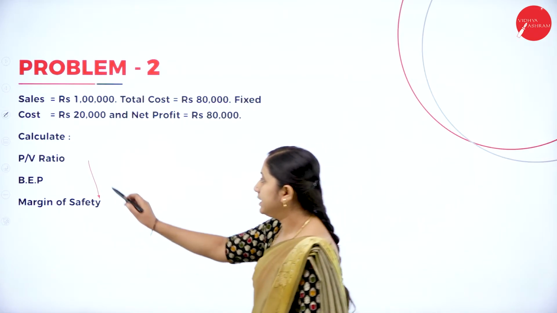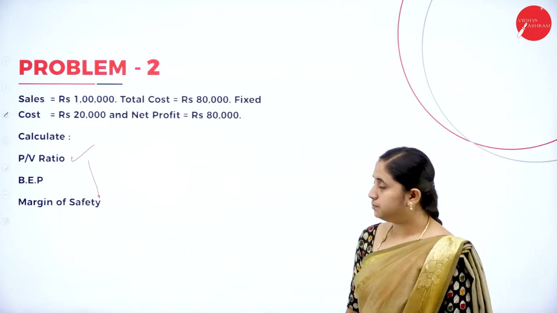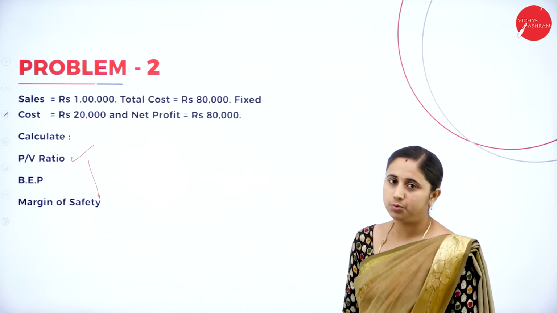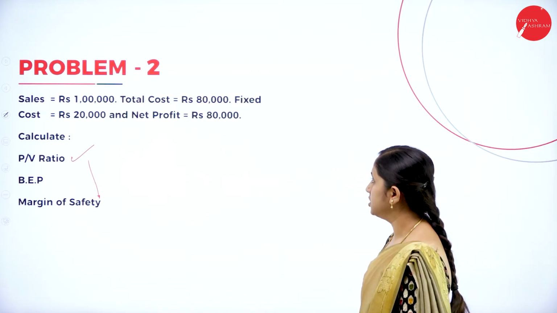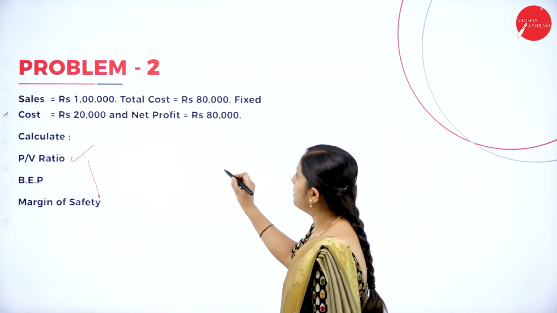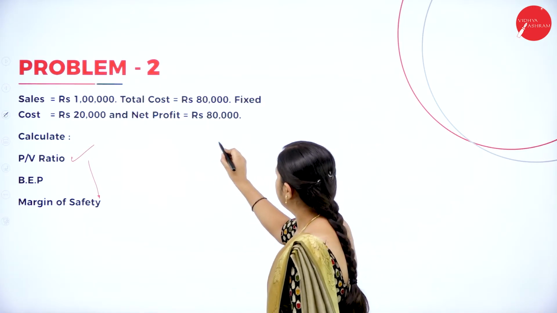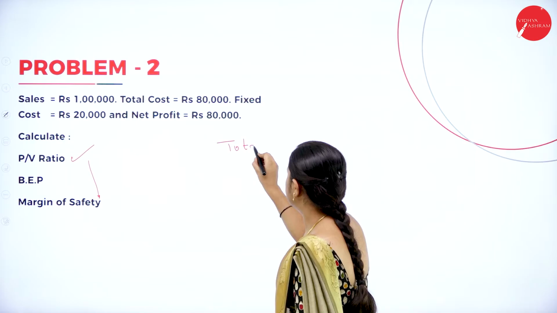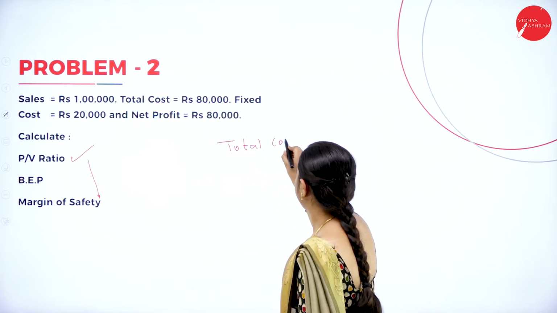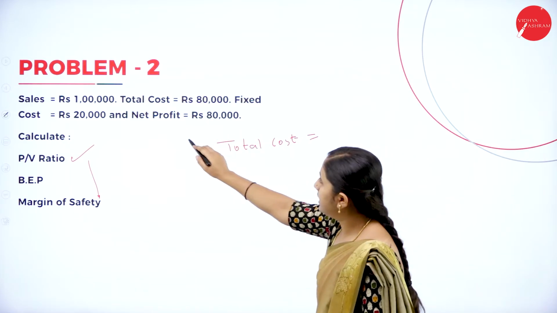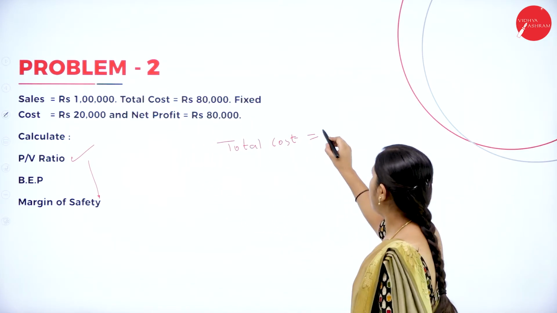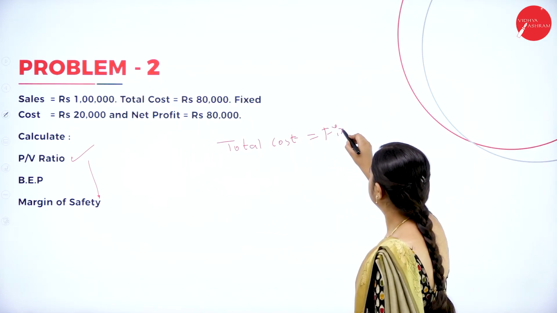So here we need to calculate PV ratio, but first you need to calculate contribution. So first calculate variable cost and contribution. Here we have total cost, but we need to calculate variable cost, and we have fixed cost.